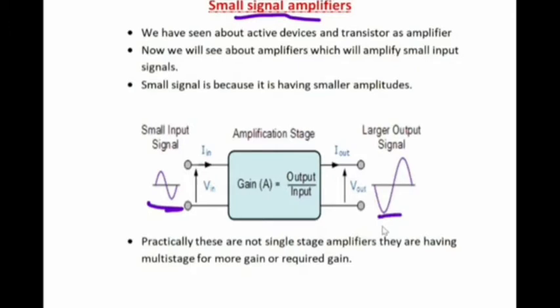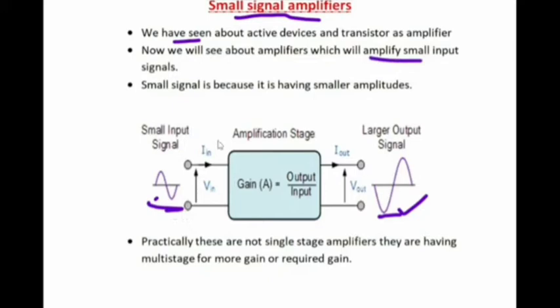This type of transformation in the voltage level, taking a very small voltage at the input and giving out a very high voltage at the output, is called a small signal amplifier. We have used active devices like transistors to make amplifiers. In the previous chapter we learned about this, and now we are seeing small signal amplifiers.